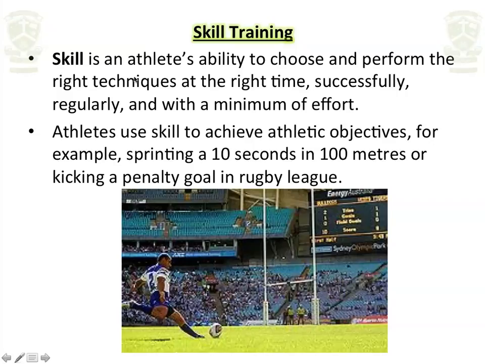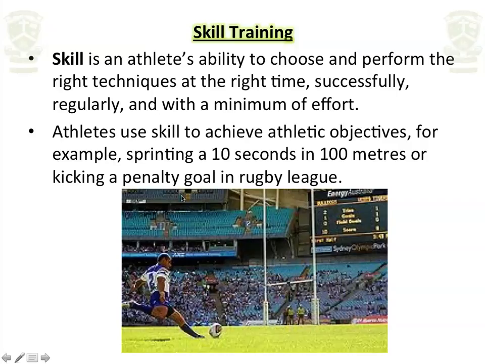Now, just firstly, what is skill? It's an athlete's ability to choose to perform the right techniques at the right time, and obviously you want to perform them successfully and with as minimal effort as possible. An example of a skill in the game is sprinting 100 metres in 10 seconds, because the skill is that you use the right technique to get out of the blocks quickly, and you're up into your stride quickly, and you're running with very good technique in order to minimise the amount of effort you're wasting.